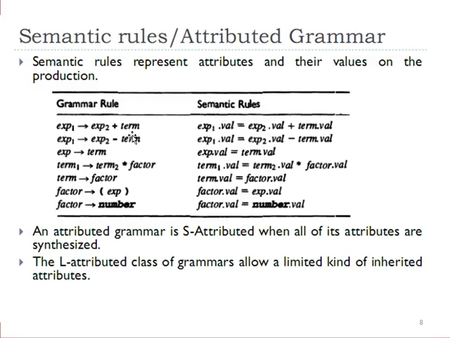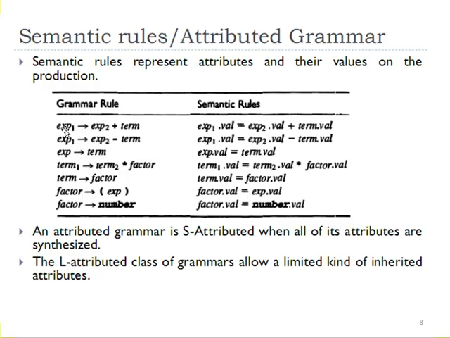The semantic rule that indicates the meaning of this production rule says expression 1 dot val. Here the attribute is val, and here expression 1 dot val is equal to expression 2 dot val plus term dot val.